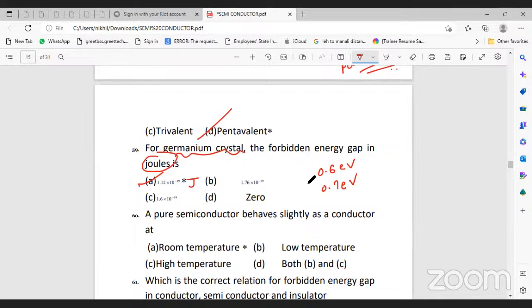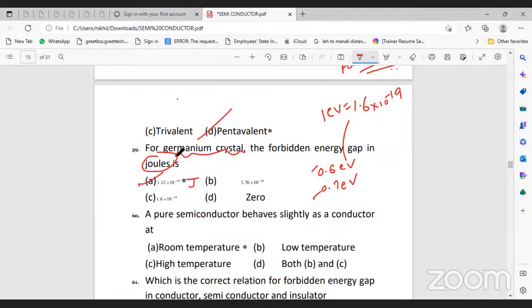But how to convert electron volt to joule? You know that 1 electron volt is 1.6 into 10 power minus 19 joule. So you multiply this 1.6 with either 0.6 or 0.7 or 0.8, because germanium is a semiconductor where it is going to be close to a maximum of 1 electron volt. So for germanium, you can take 0.6 or 0.7.